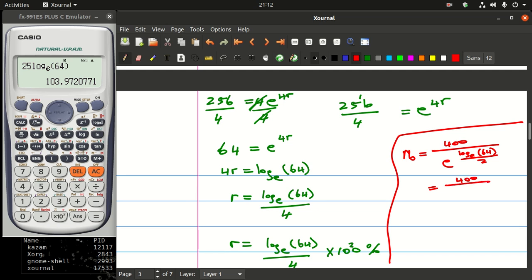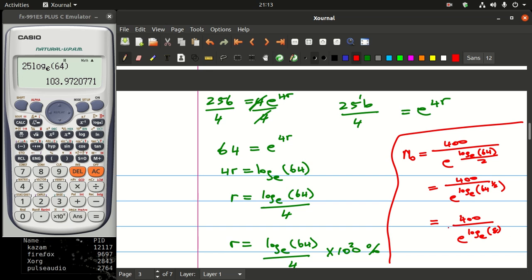This half here, I can put it inside as a power. I'm going to have log e, and then 64 raised to 1 over 2, or the square root of 64, and then we will end up having 400 divided by e raised to log e of 8.